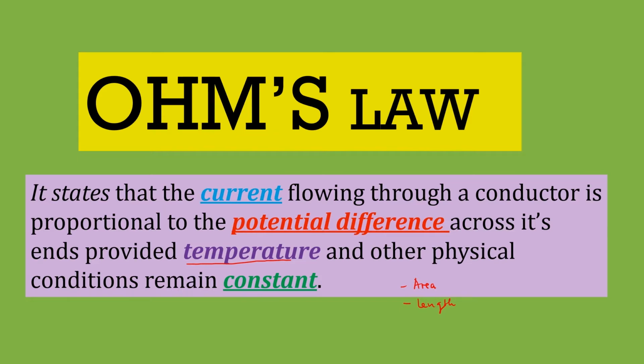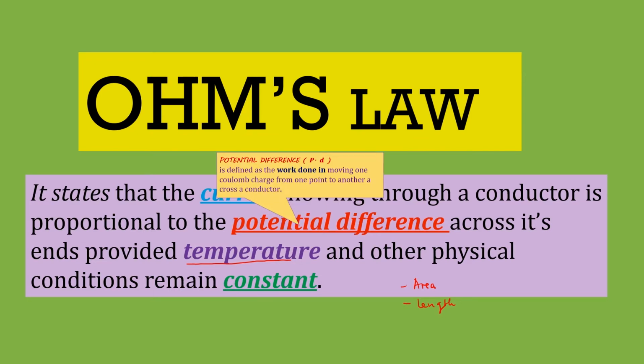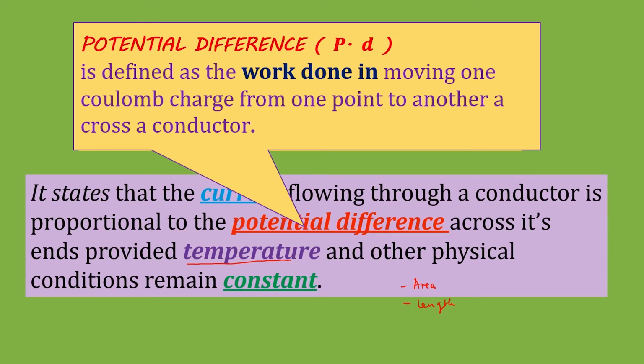Simon Ohm proved that the current flowing across the conductor is usually proportional to the potential difference across its ends. We know that potential difference is just the work done by 1 coulomb of charge to flow across the ends of the conductor.